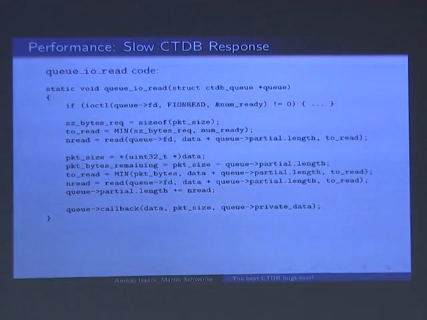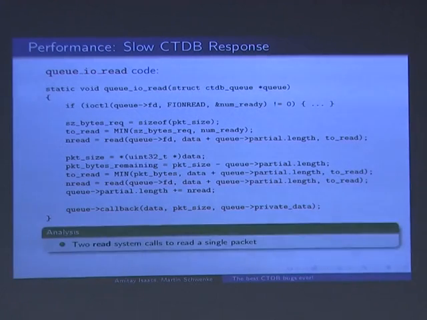We have a function called qio_read, and whenever there is data in the socket, this function gets called. First we check how many bytes there are in the socket buffer. Then we read the actual packet size, which in this case happens to be 4 bytes. So first we read 4 bytes, assuming there are an adequate number of bytes in the buffer. Then we read that many bytes, again depending on how many bytes are in the buffer. And then we call a function which processes that packet.